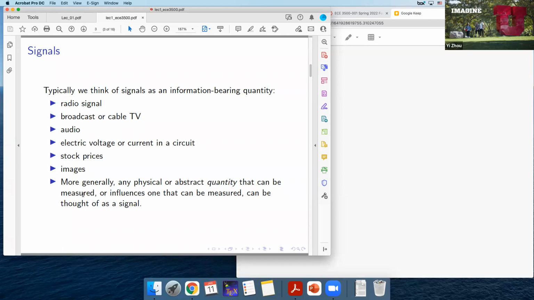Yes, signals are used to carry the information, but if you think more about that, how do you define information? If a signal can carry information, how do you define that? For example, if you look at images, how do you quantify the information?